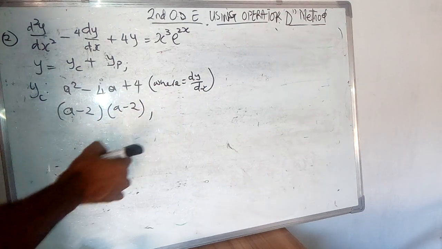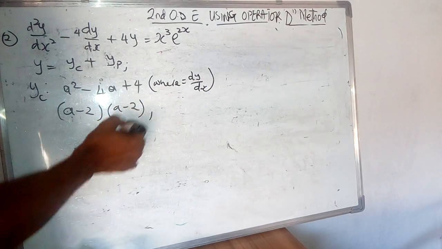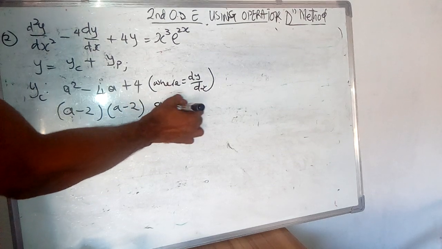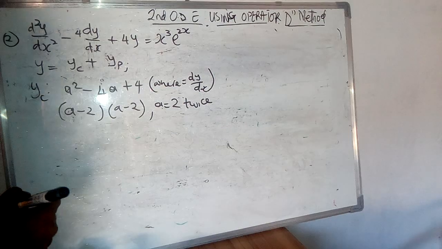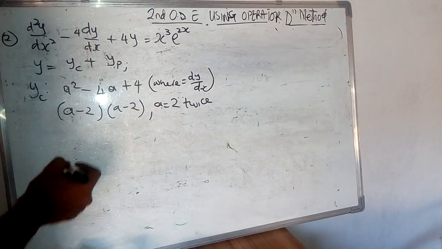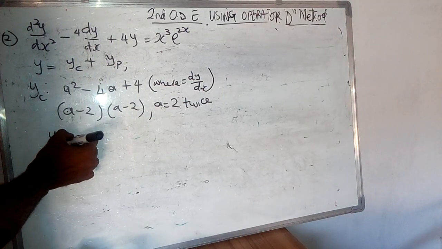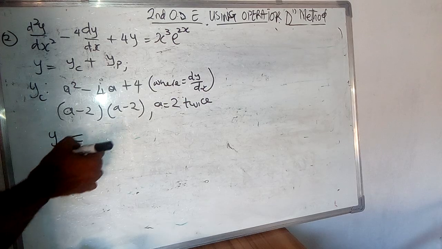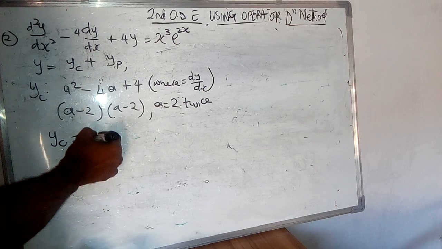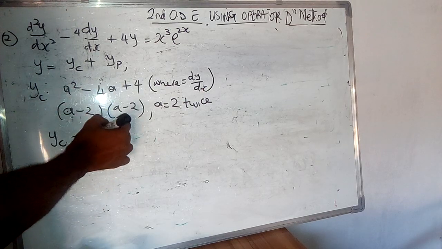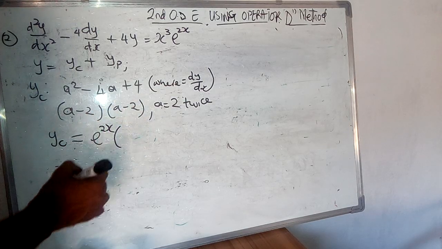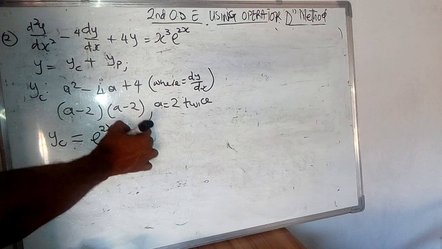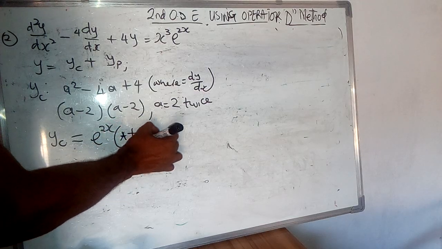That gives us equal roots, so a equals 2 twice. And when that happens, our general solution for the complementary function will now be exponential 2x, bracket open, A plus Bx.